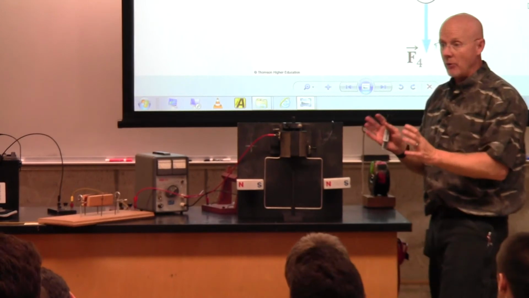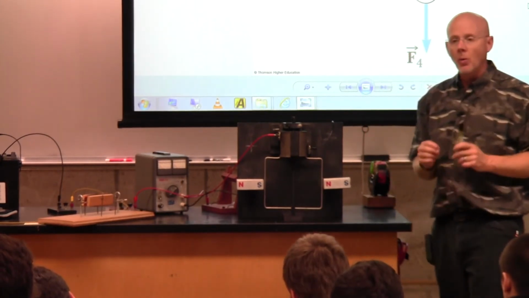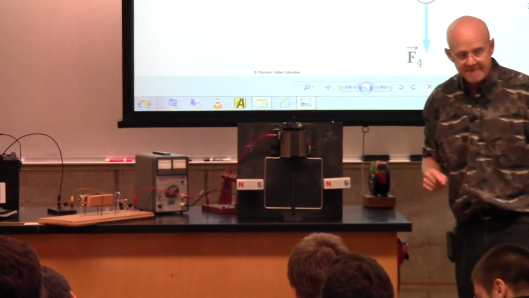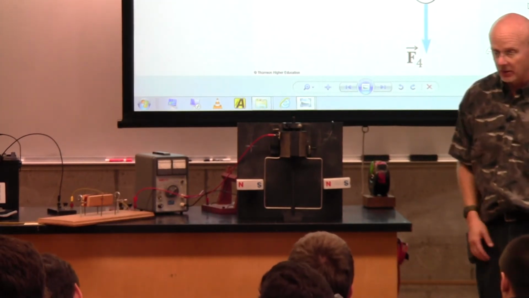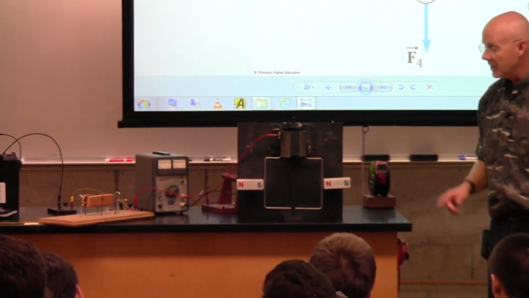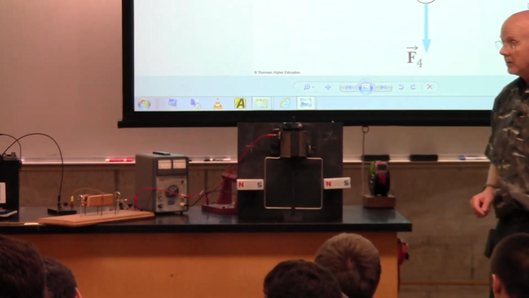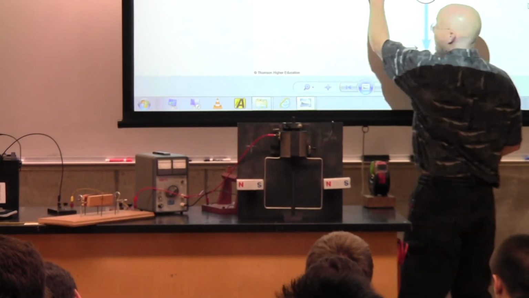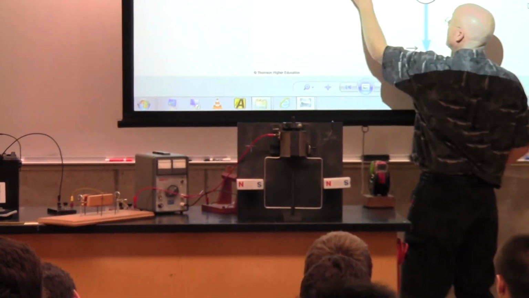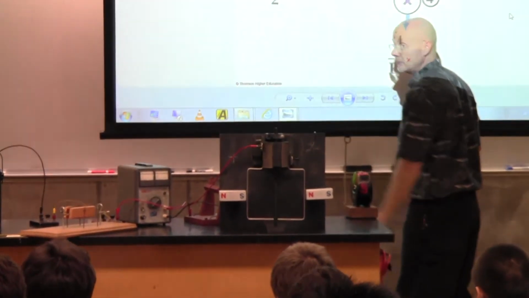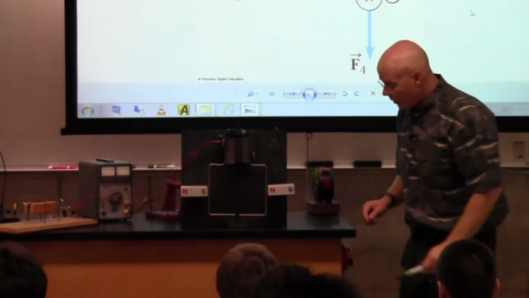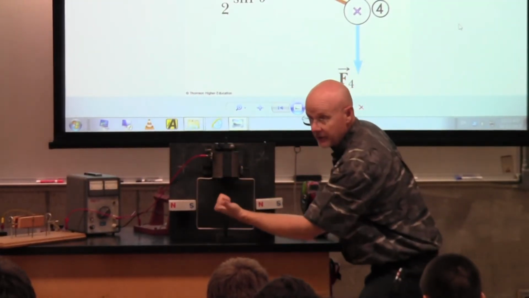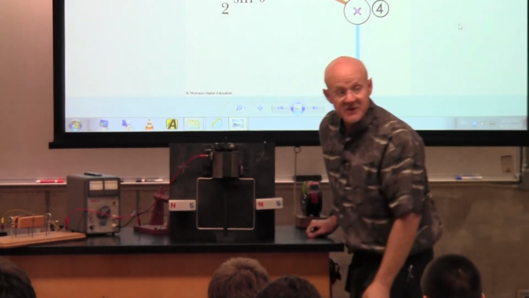So in this spot right here, what would be the angle theta? Maybe I should ask it that way. What's the angle here? 90 degrees. Again, angle is between the magnetic field and the area vector. So magnetic field's going that way. Here's the area vector that way. And so I've got sine of 90 degrees.